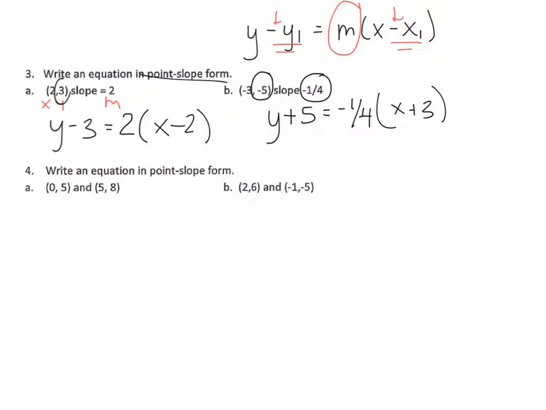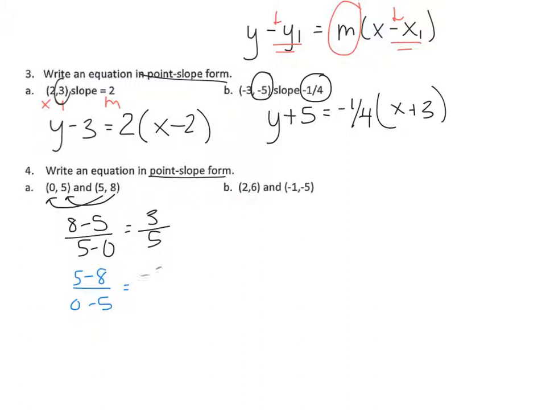Okay, then number 4, I don't have a slope, so I have to find the slope. To find the slope, I do 8 minus 5 divided by 5 minus 0. So it's 3/5. Now you could have gone 5 minus 8 over 0 minus 5 and still gotten negative 3 over negative 5, which is still 3/5.